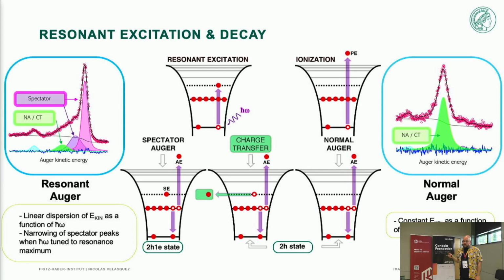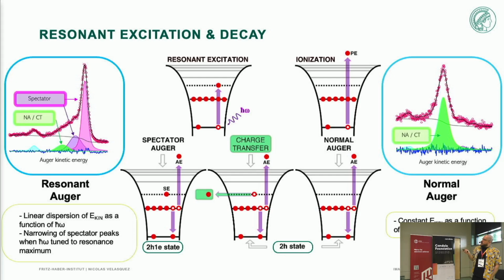Now, here we have a schematic of some resonant excitation and decay events. This one I have presented. Namely, you shoot X-rays, you eject a photoelectron. Now your system wants to undergo relaxation, and it does so by emission of a normal Auger electron. This normal Auger electron happens above the IP, so it's a non-resonant process.